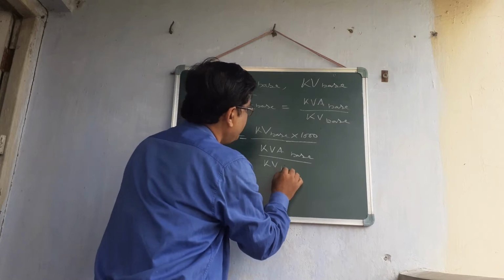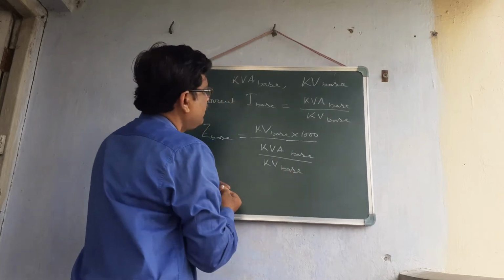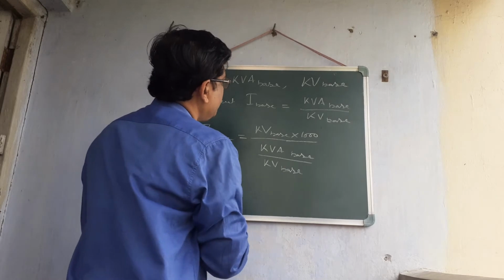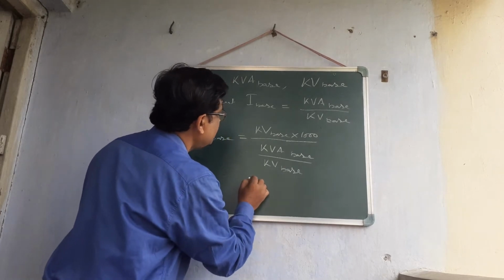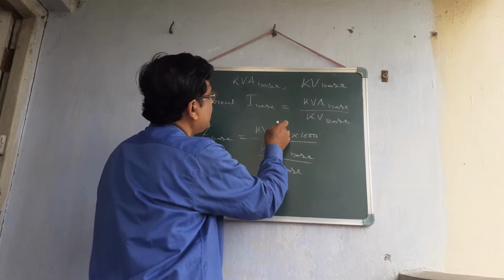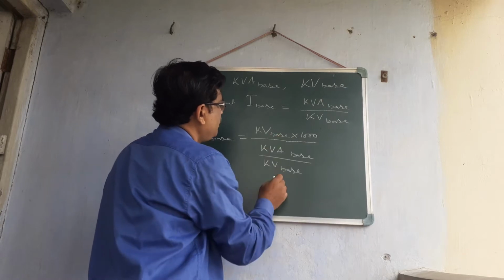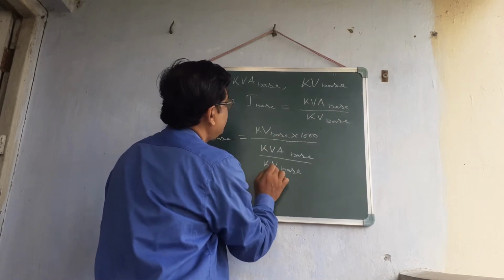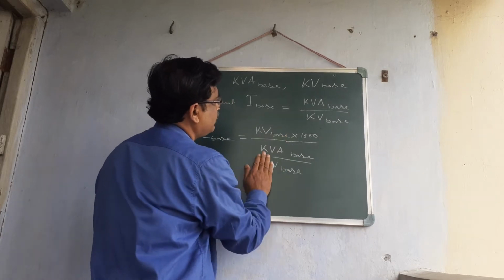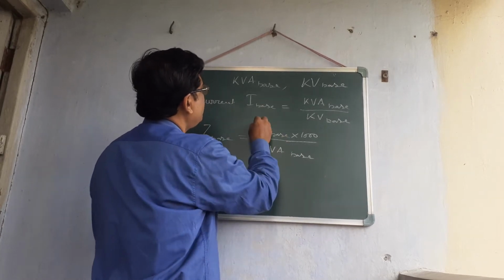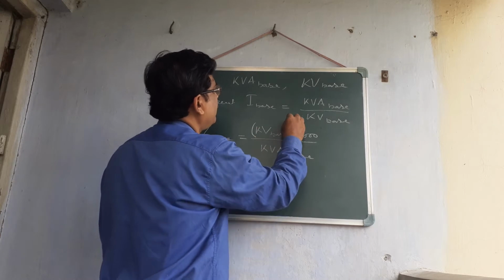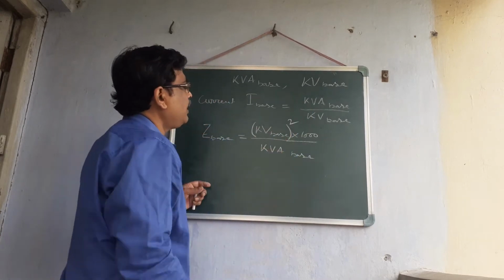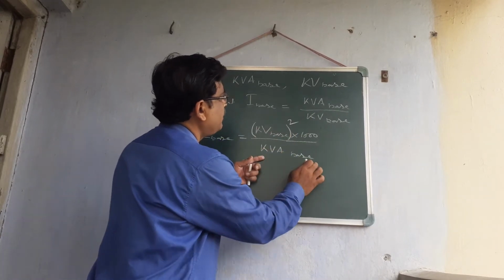If we proceed further, this KV will come here, so it will be KV base square, into 1000 by KVA base.